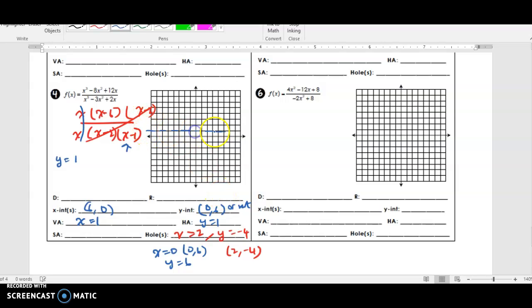So if we draw this, the vertical asymptote is x equal to 1, the y-intercept is at 0, 6. So the graph is going to be this way, but there is a hole in that graph. So this is how the graph is going to be. Okay, and there is another hole at 2, -4, which is 1, 2, 3, 4.